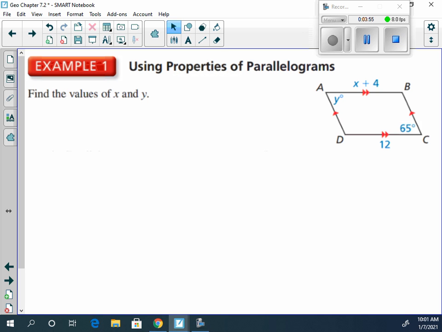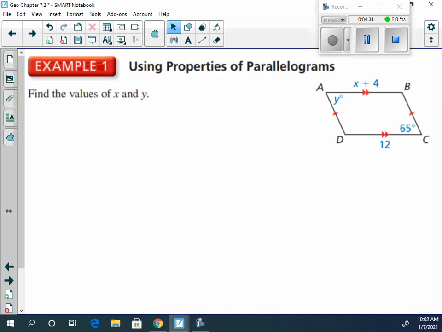Okay, let's look at this here. Let's find the values of x and y. For starters, ABCD is a quadrilateral because it has four sides. I also see that we have two sets of parallel lines because of our little arrows, saying that those sets of sides are parallel. Since the quadrilateral has two sets of parallel sides, it makes it a parallelogram.